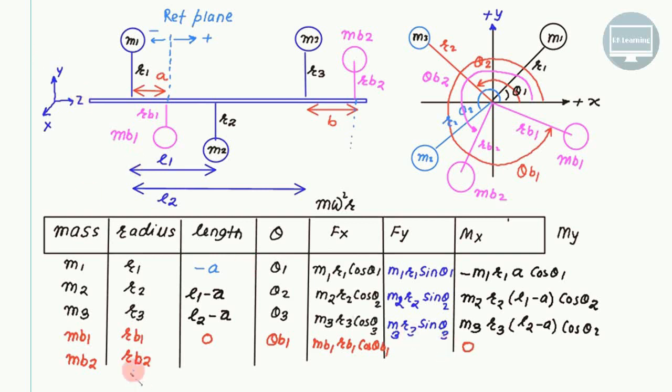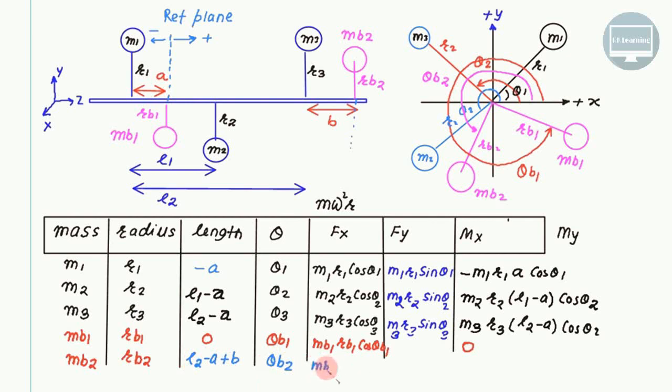And then one more entry for RB2. What is the distance between the reference plane and this point? That distance will be L2 minus A plus B. Correct? So this one is L2 minus A plus B. And what is the angle? Theta B2. So what is Fx?